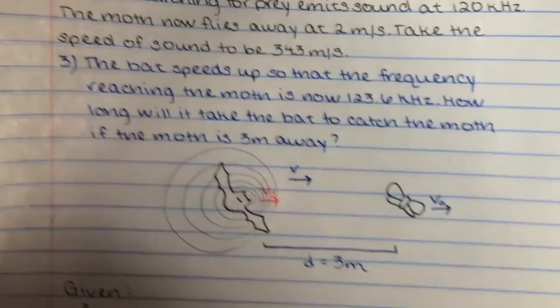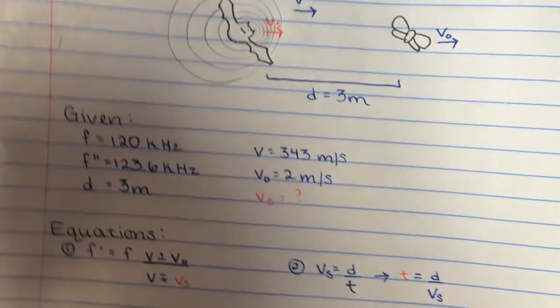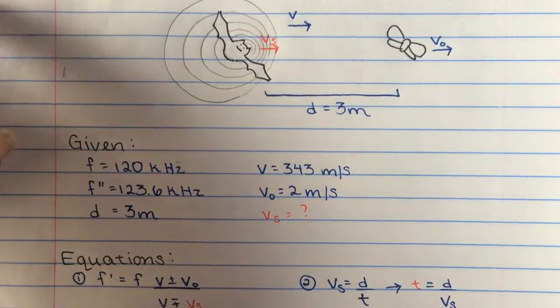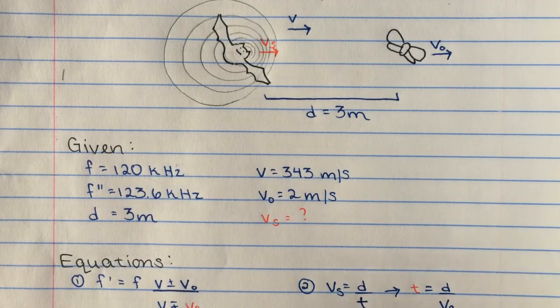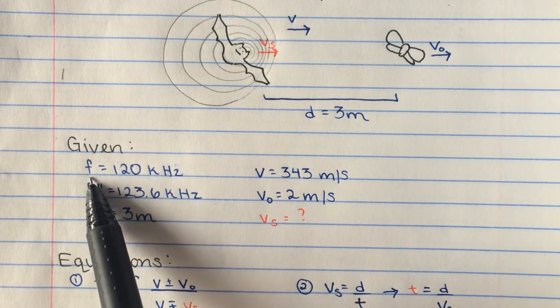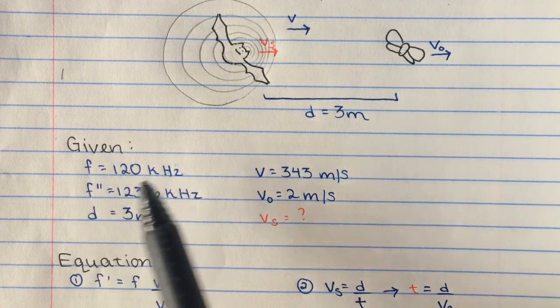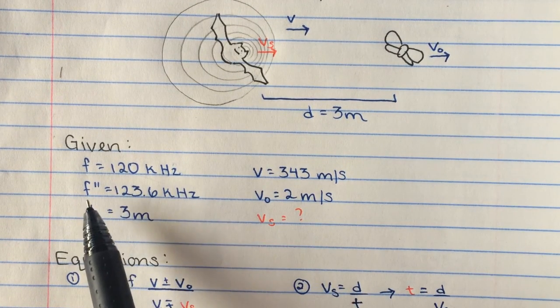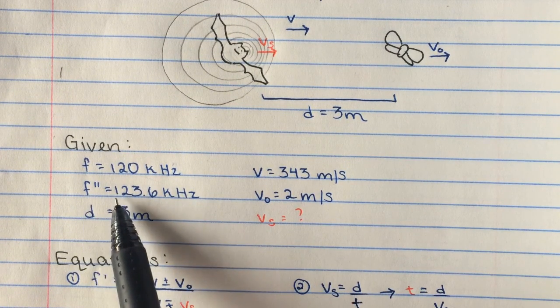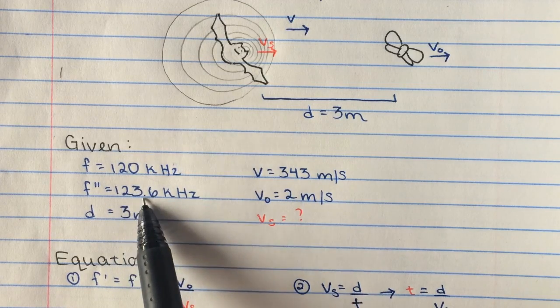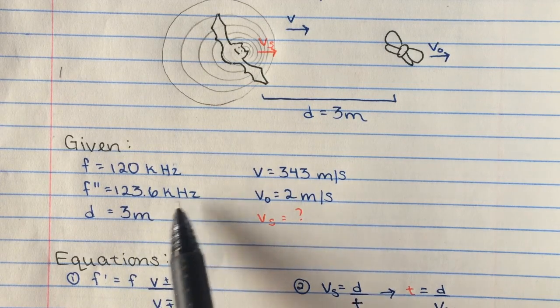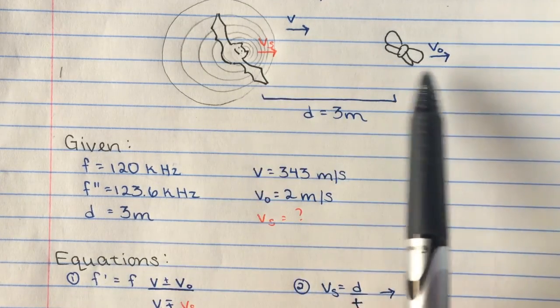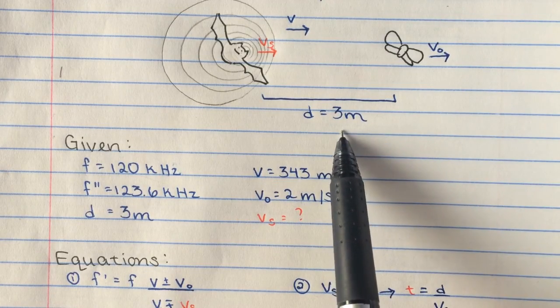Now from the problem, we have some given values. The frequency the bat is emitting is 120 kilohertz. The frequency the moth hears is 123.6 kilohertz. The distance between the moth and the bat is 3 meters.